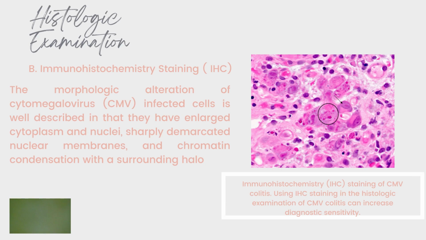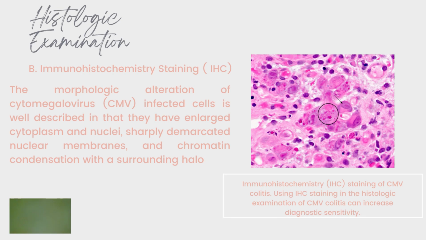Immunohistochemistry, or IHC, is a method used to diagnose CMV infection or reactivation in tissues in a pathology laboratory. The use of IHC staining in CMV colitis proves its effectiveness in one of the cases that shows the overall positivity rate of CMV-IHC.